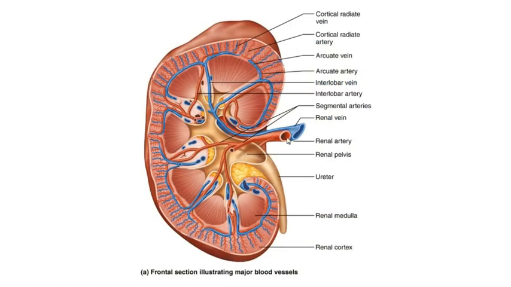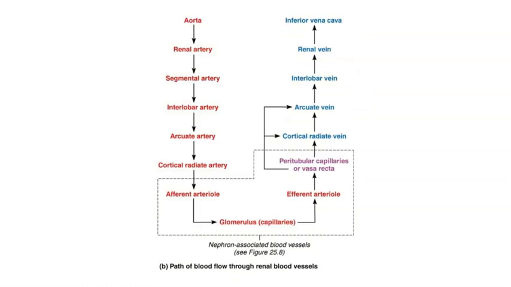So if we back up and take a look at that, we can see the renal artery entering the kidney at the renal hilum, which is that little vertical slit in the kidney that allows entry of the blood vessels and exiting of the ureter. The renal artery enters the kidney and branches extensively into slightly smaller arteries, the segmental arteries.